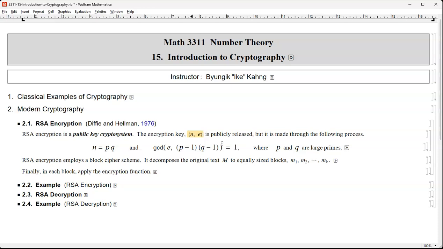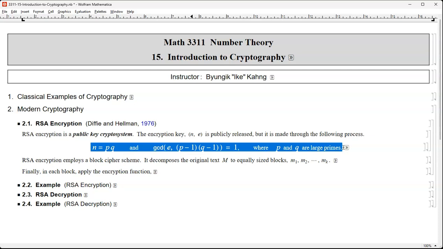And after that, P and Q are discarded. Oh, as a matter of fact, no. After that, P and Q will be used to create the decryption key as well, and that has to be kept hidden. And then the encryption key is publicly released, and P and Q are discarded so that nobody can backtrace and break anything.